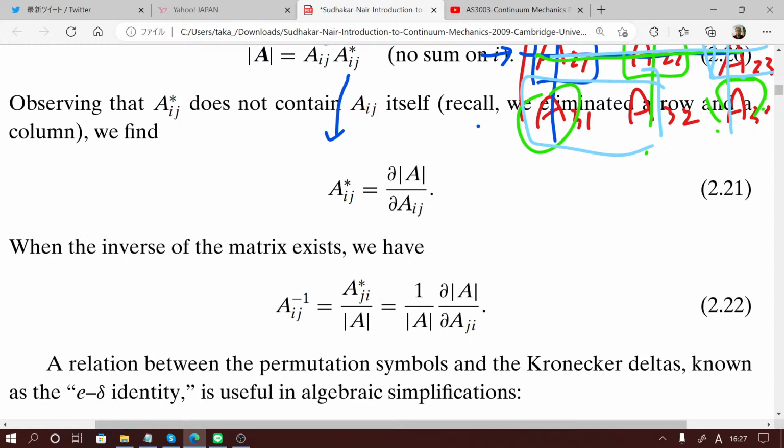Inverse of matrix exists. How do you prove this?